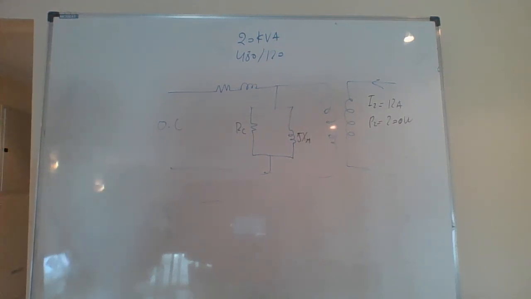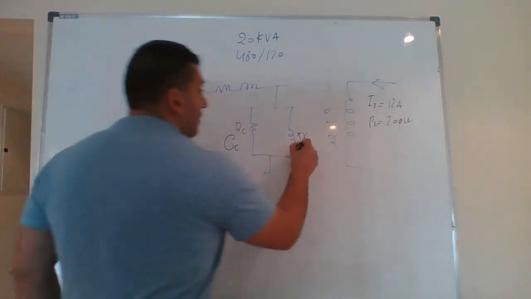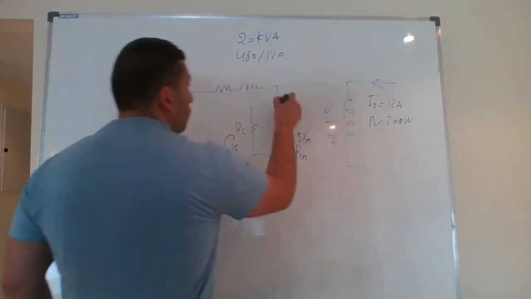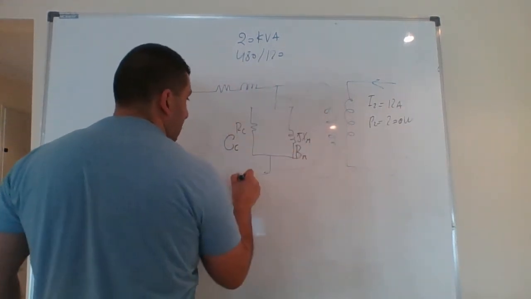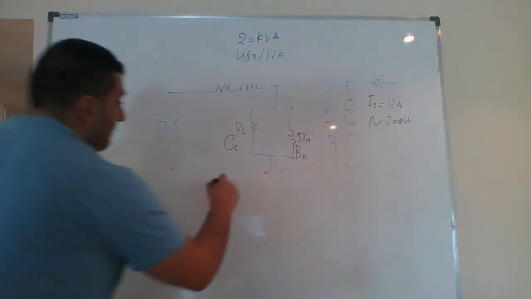So I can call them GC, BM, and the total for this system is YM.